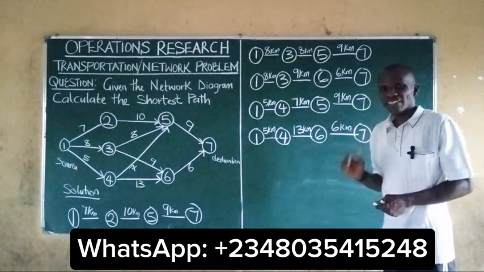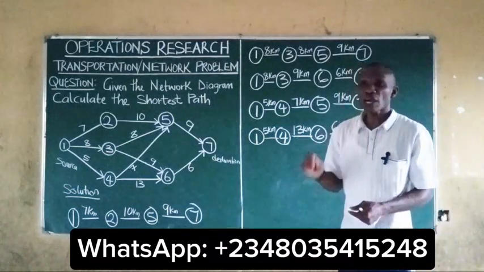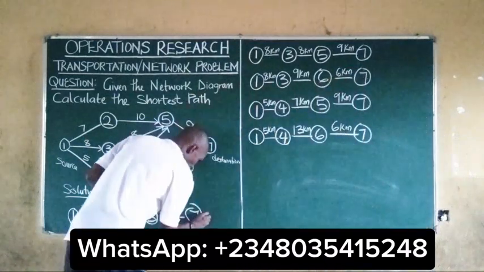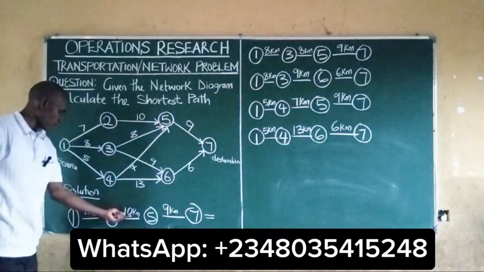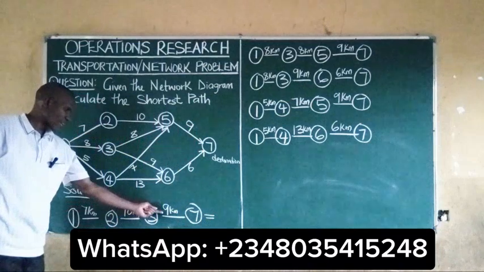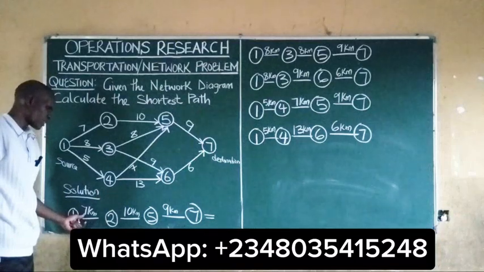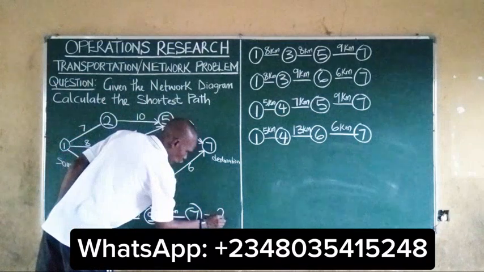Fine. The next thing to do is to sum individual kilometers. So we take the sum. The first one here is we have 10 kilometers, we have 9 kilometers, which is 19 kilometers, plus 7, which is 26 kilometers.